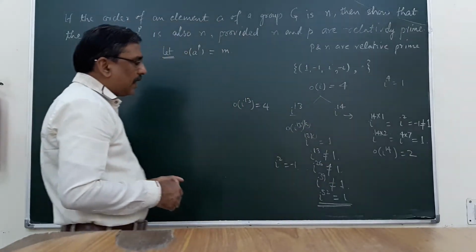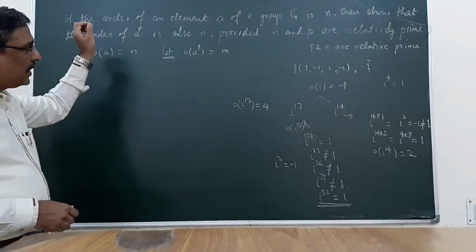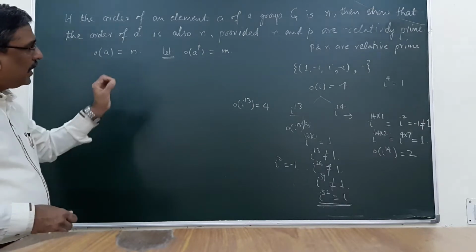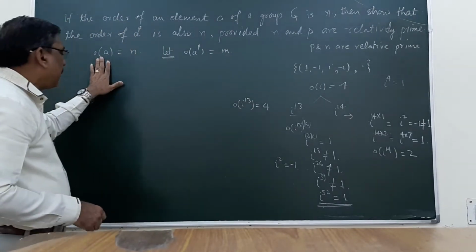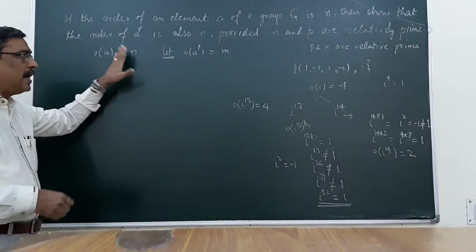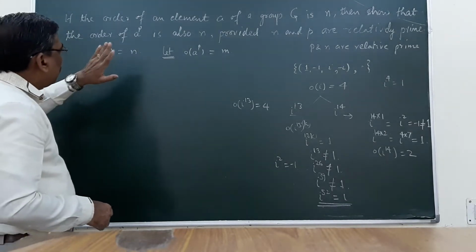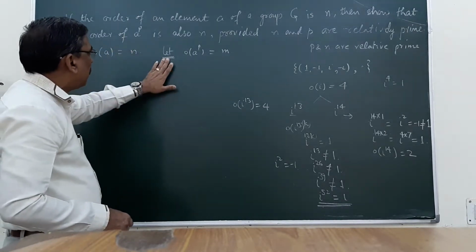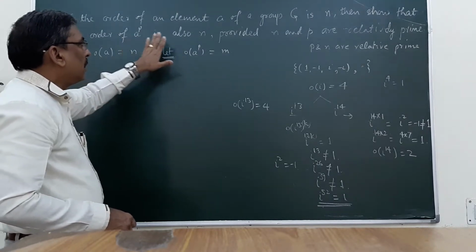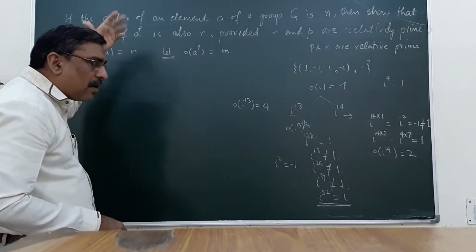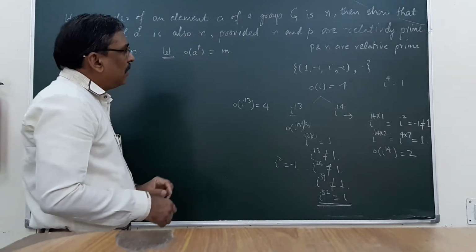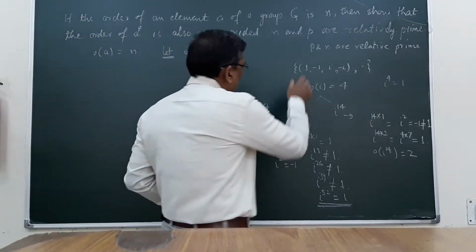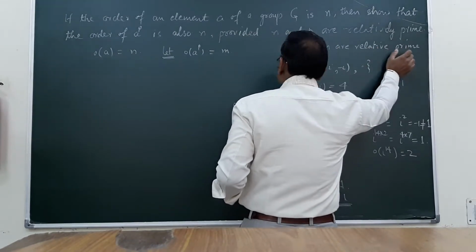Means if we are given the order of an element a of a group G is n, that is, order of a is equal to n, and let us suppose the order of a^p, that is an integral power of a, is say m, and p and n are relatively prime.